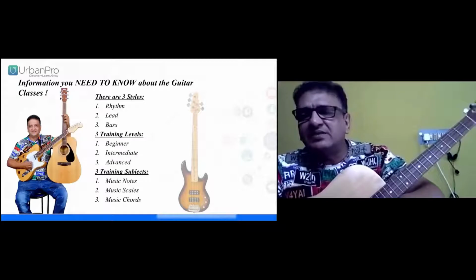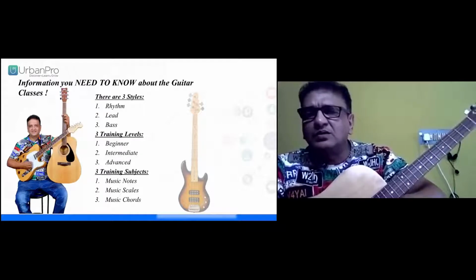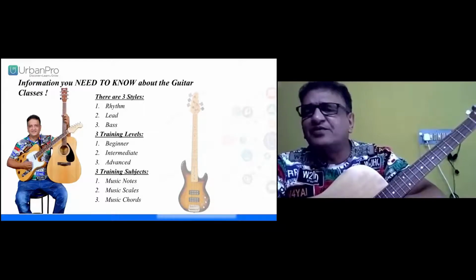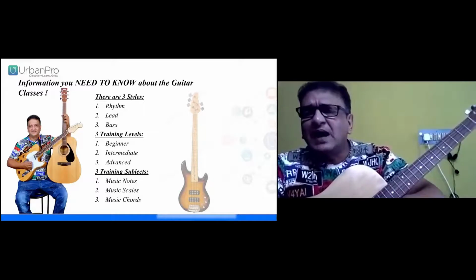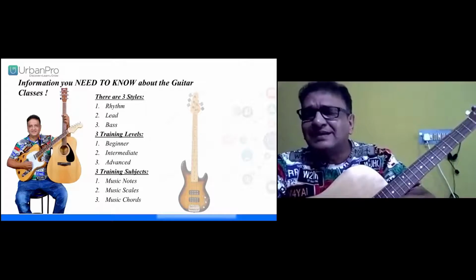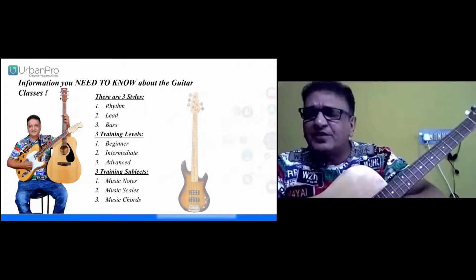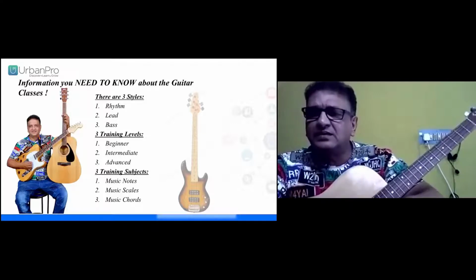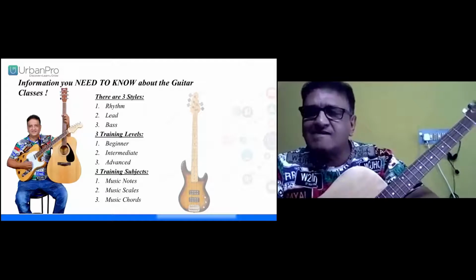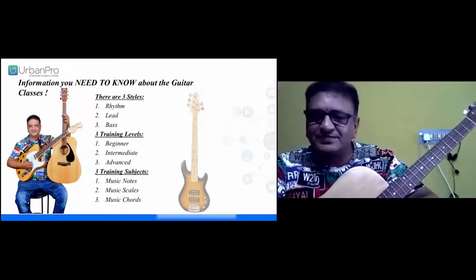And three learning levels happen around beginner, intermediate, and advanced, differentiated by how much you would have progressed and trained on three specific subjects related to guitaring, which are music notes, music scale, and music chords.